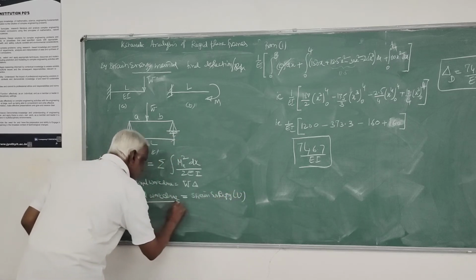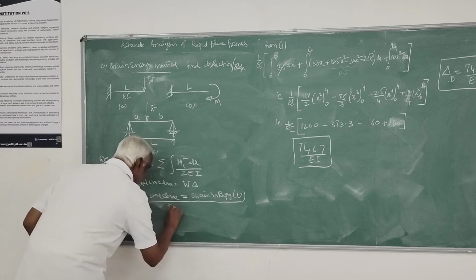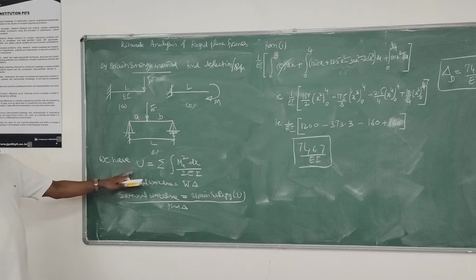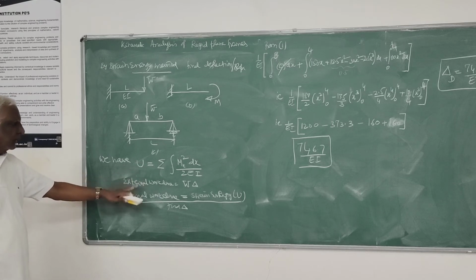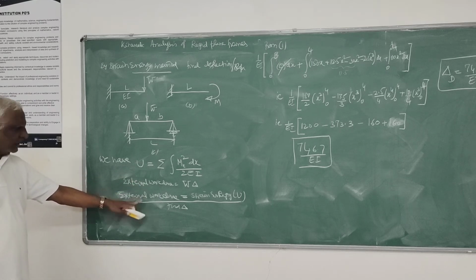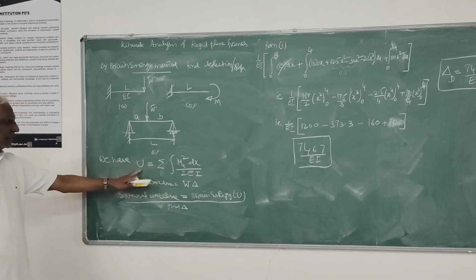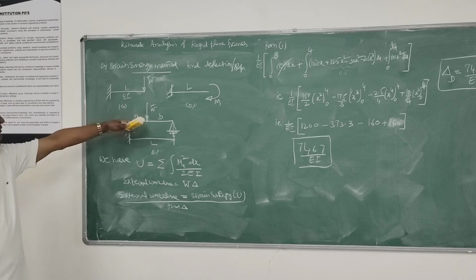From this, find delta. That's the whole procedure. Work out the strain energy for all these problems, find the external work done, equate external work done to strain energy, and find whatever deformation is required.